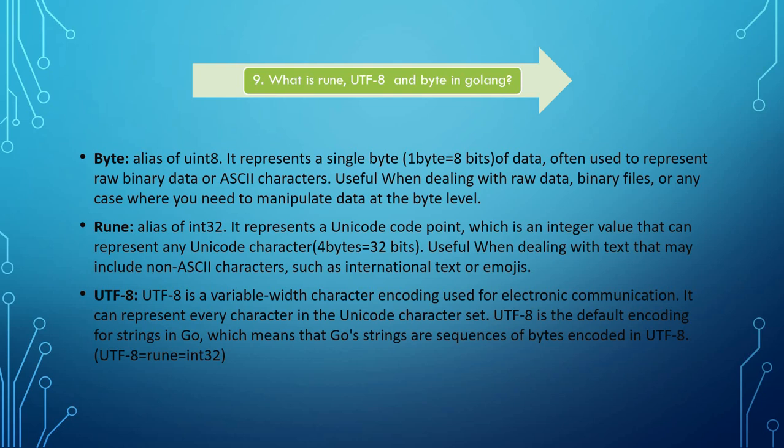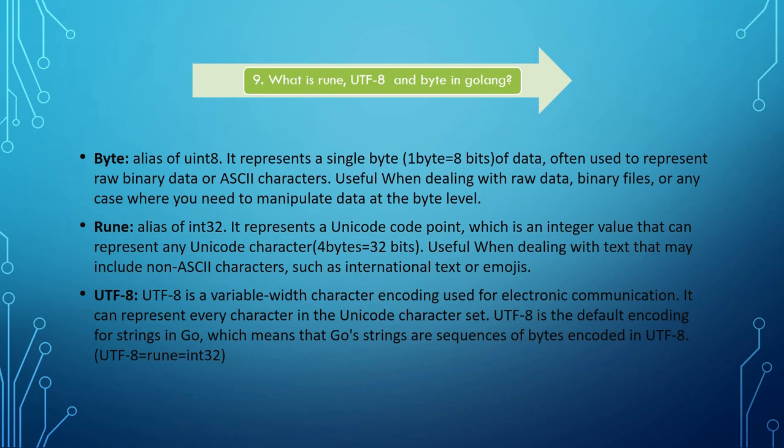UTF-8 is a variable-width character encoding used for electronic communication. It can represent every character in the Unicode character set. UTF-8 is the default encoding for strings in Go, which means that Go's strings are a sequence of bytes encoded in UTF-8. UTF-8 is nothing but the rune.